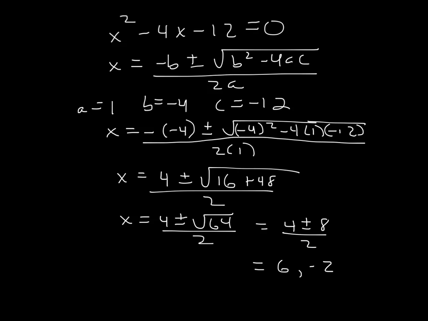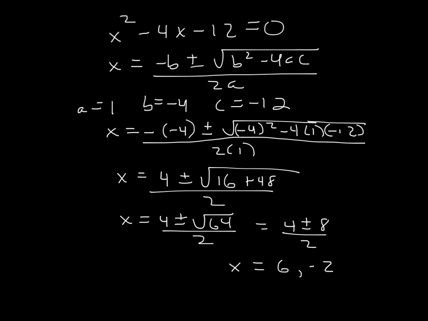So there's our two answers. x equals 6 and negative 2. If you go back in the video, you'll see that that was the exact same answers as when we did it by factoring.